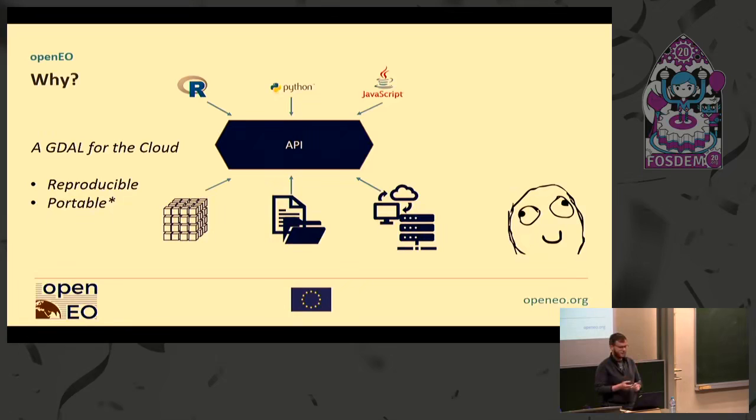So it's basically like, most of you probably know GDAL. That's the thing that translates things between the GIS programs and the data formats. And that's basically some kind of GDAL for the cloud, I guess.